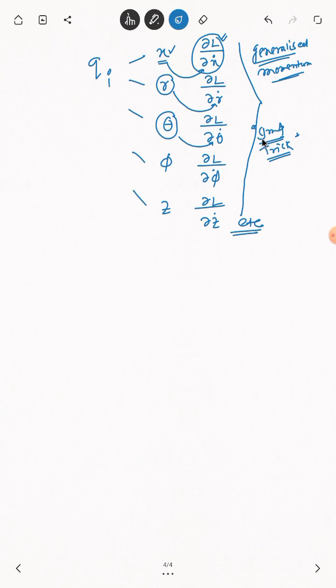Now we should come to the problem, but before discussing that, let me discuss one more thing. Say we have three generalized coordinates q1, q2, q3, as in the spherical coordinate system, that may be r, theta, phi, etc. Now say q2 is theta.